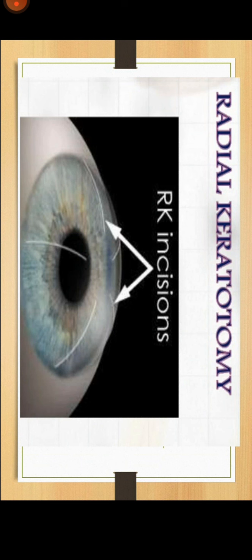In radial keratotomy, what is happening? They are making some incisions so that the dome of the cornea becomes flattened, so that the curvature will be decreased, the bending will be lessened, and the image will fall correctly on the retina.